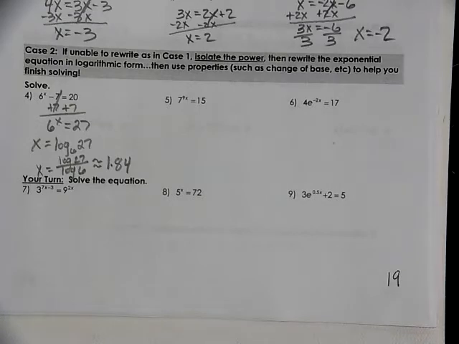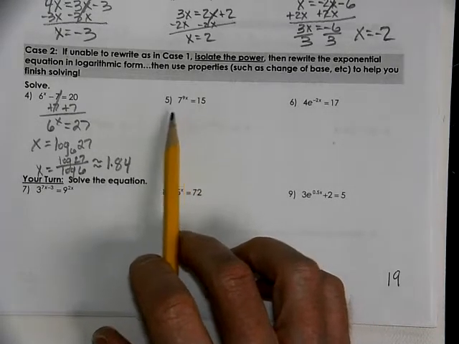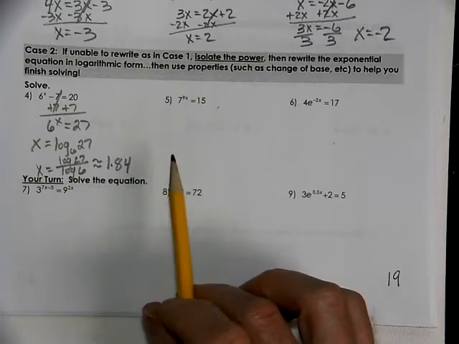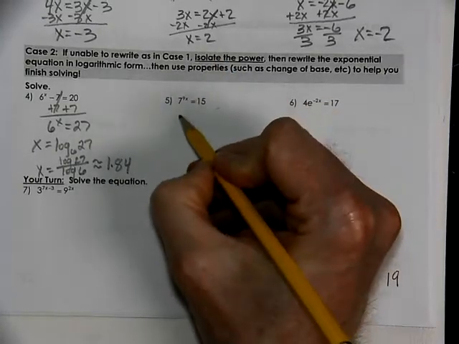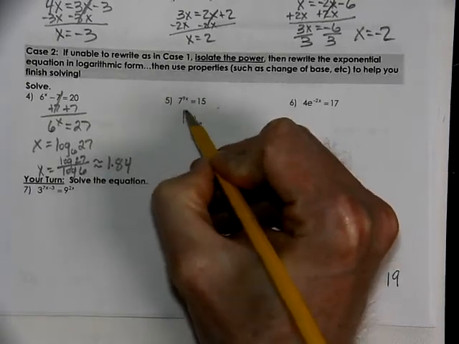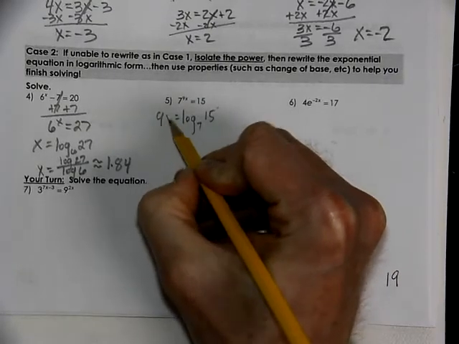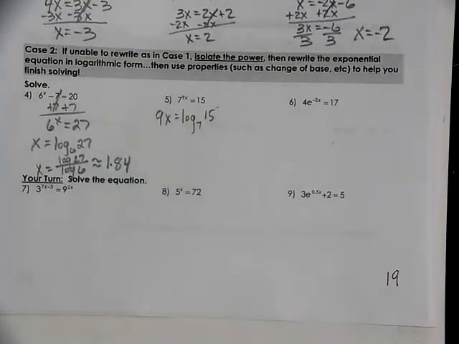In the next one, we can't make our bases the same. 7 and 15 don't have the same base. But we can use a logarithm with the base of your exponential, of 15 equals your exponent. A logarithm always equals the exponent.